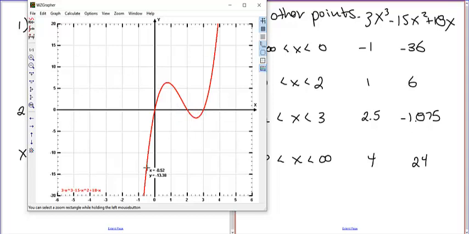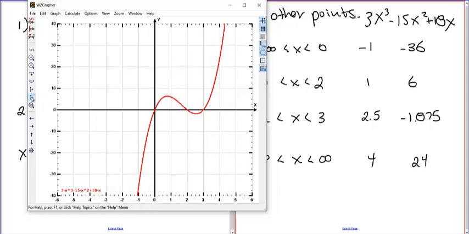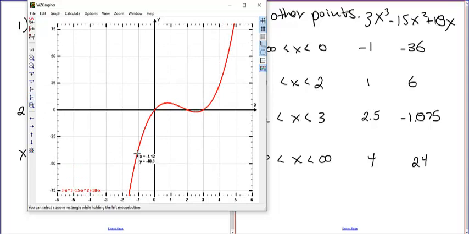F of negative 1 is negative 36. So I've got to zoom out a little bit here. So that looks about right. F of 1 is around 6. That's good. F of 2.5 is around negative 1.8. Yep. And F of 4 is around 25. Okay, so those all make sense.